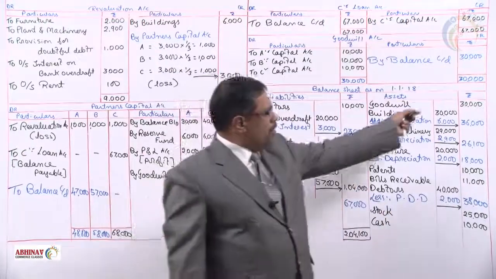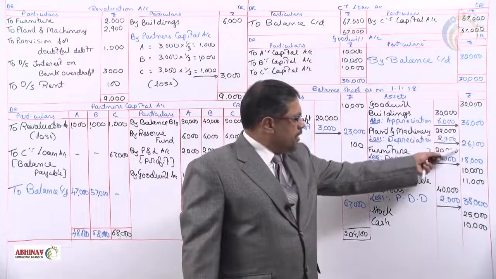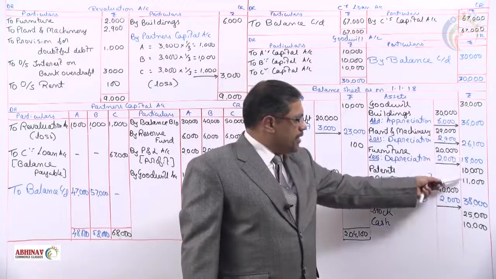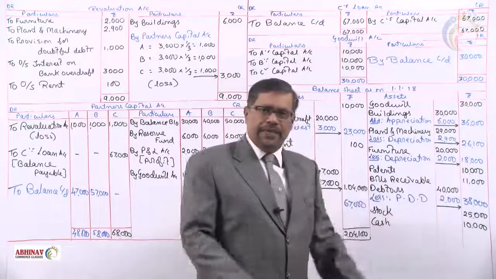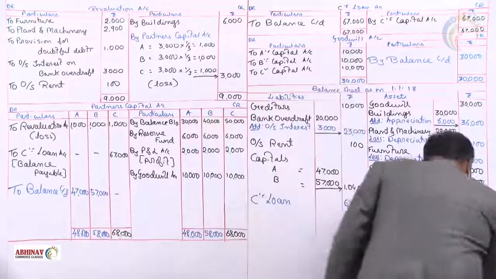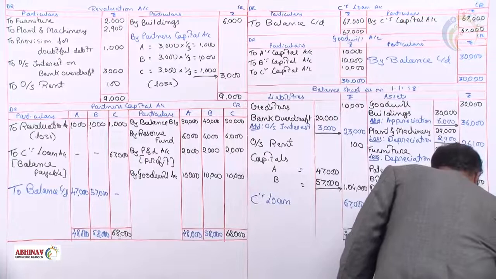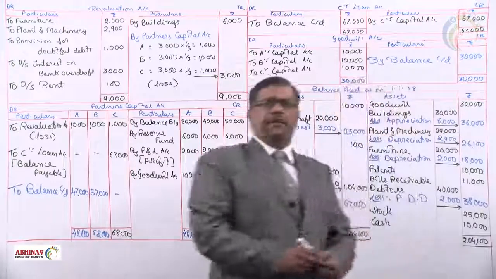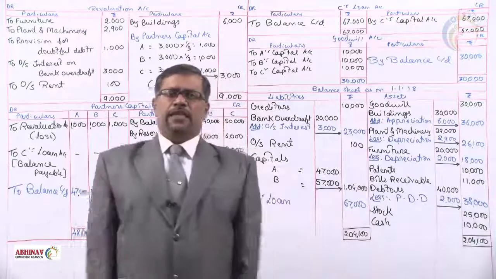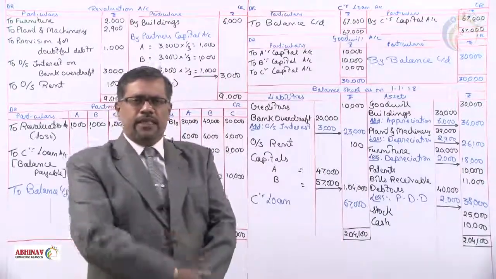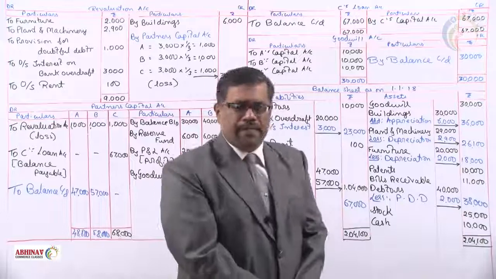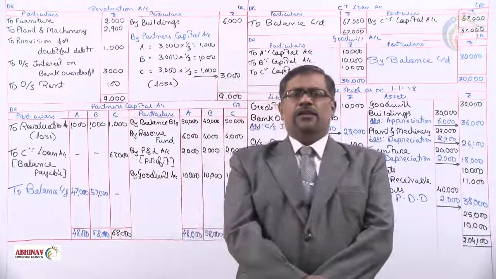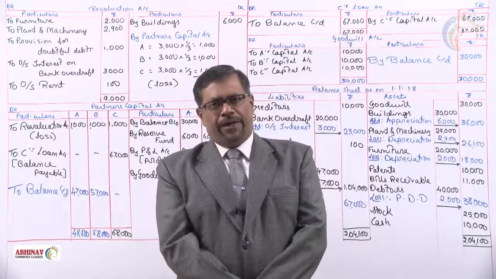When you total the asset side, 30, 36, 26, 18, 10, 11, 38, 25 and 10, the total is 2,04,100. Assets and liabilities are the same. The balance sheet tallies. In this session, we have solved problem number 7. In the next session, we shall start with problem number 8. Thank you.